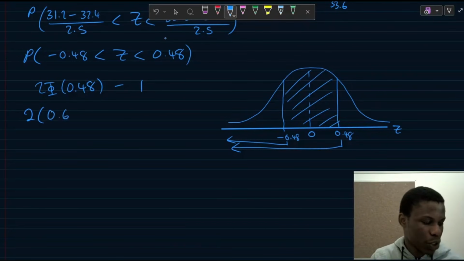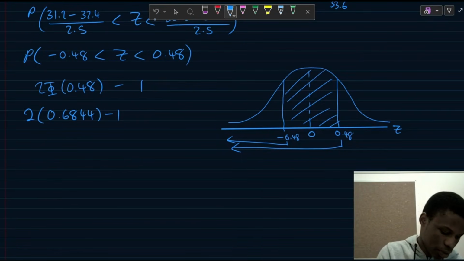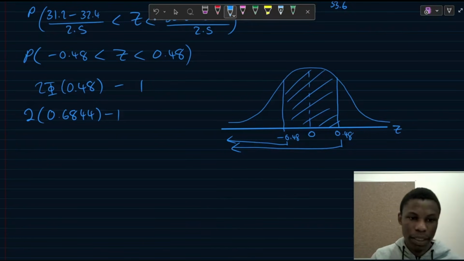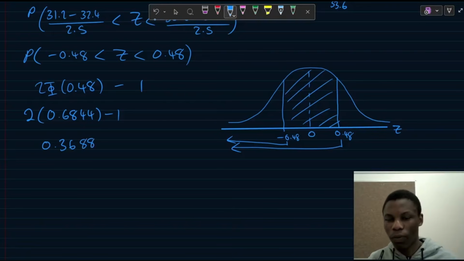Read from your tables, you should get 0.6844. Oh, this is not the final answer. This is 2 times 0.6844 minus 1, which is 0.3688. So this is the probability of one competitor having a time within 1.2 minutes of the mean time.